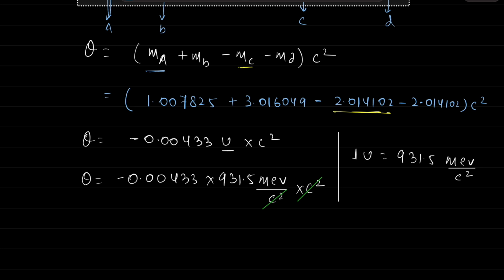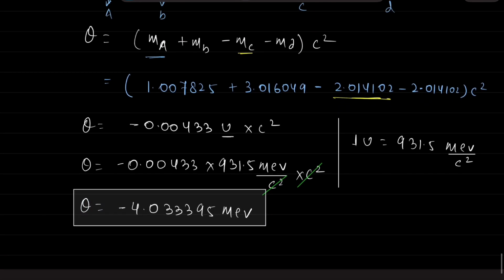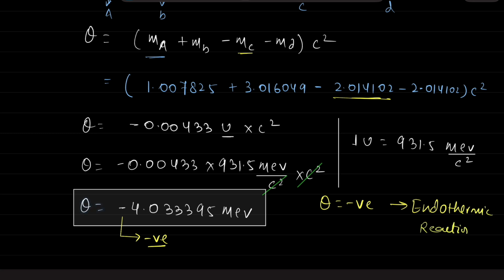So Q is equal to minus 4.03335 MeV. This is our Q value for the first reaction, and this Q value is negative. When Q is negative, it represents an endothermic reaction. This is the endothermic reaction.